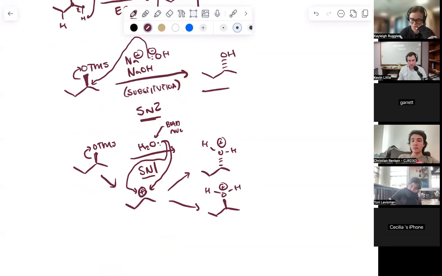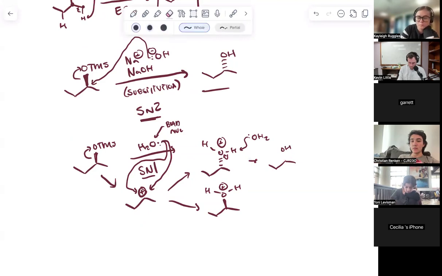I'm going to take a proton. It does not matter what I use. I'll use just water. But we need something to take the proton to leave it as a neutral species.